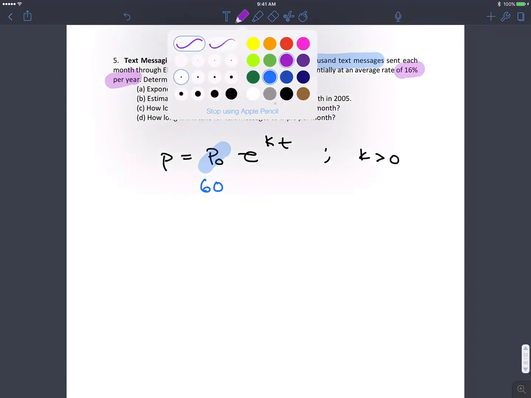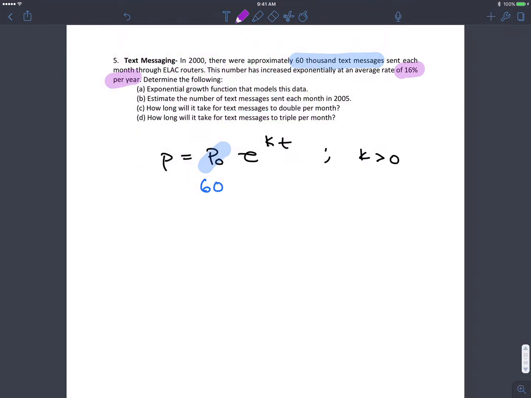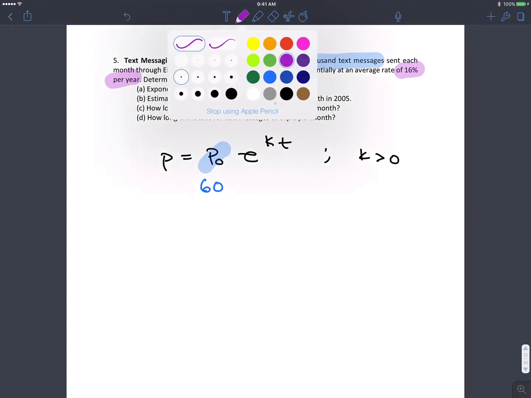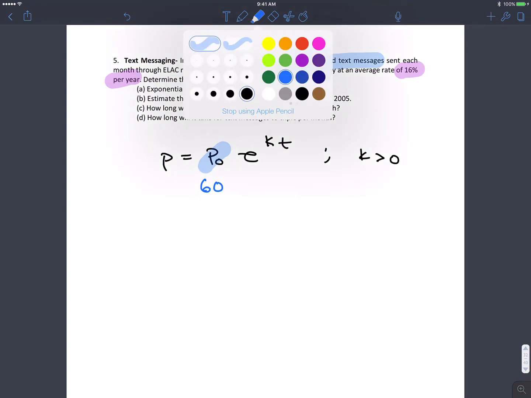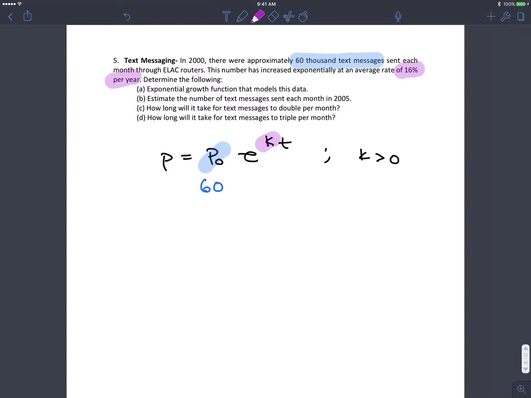Now, 16%, let's go back a few seconds and describe things. Let me remind you that the key here is this value called k.